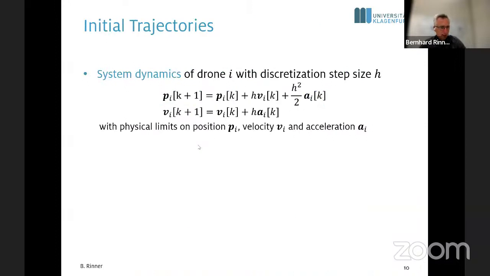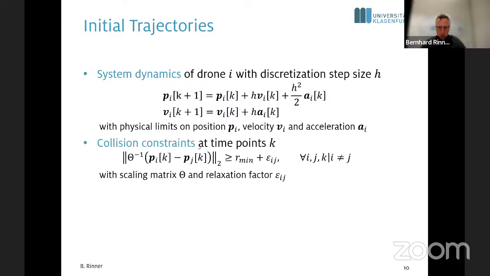All right. So we implement this model-based predictive control. We use standard system dynamics of the robotic platform. I won't go into the details of the mathematics. What we are concerned about here are these collision constraints, basically maintaining a minimum distance among each pair of robots all the time in order to avoid collisions of drones.